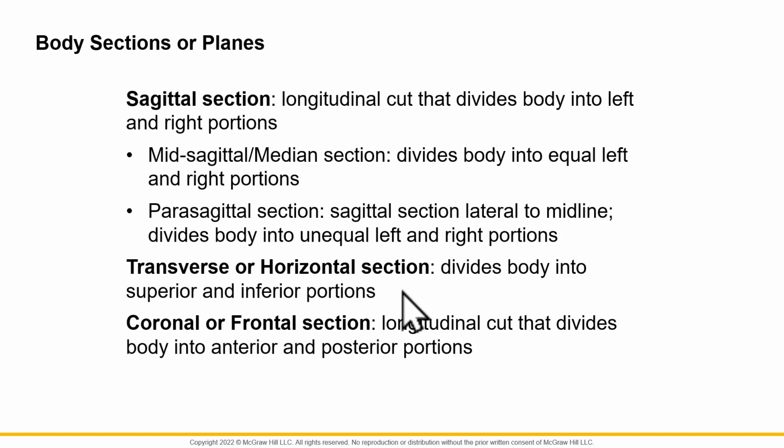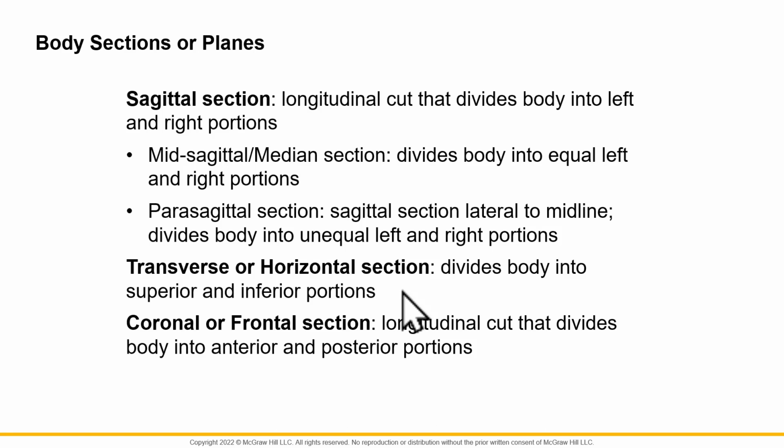But sagittal means we are going right down the body, dividing it into left and right portions. If they are even and you're right down the middle, we call it a mid-sagittal section. All right. If it is not equal, we call it parasagittal. But you're going to divide whether it's the organ or the body into left and right.